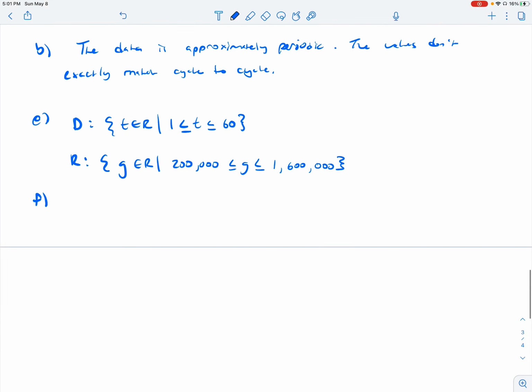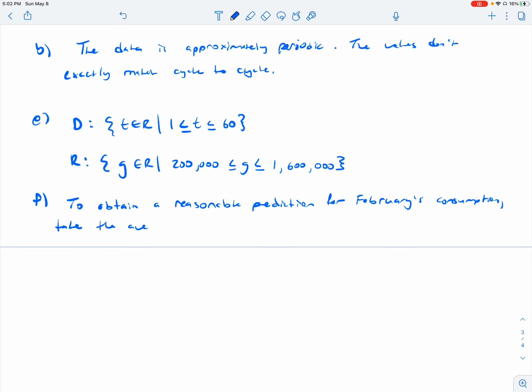That's what we'll say for F. To obtain a reasonable prediction for February's consumption, take the average over 5 years.